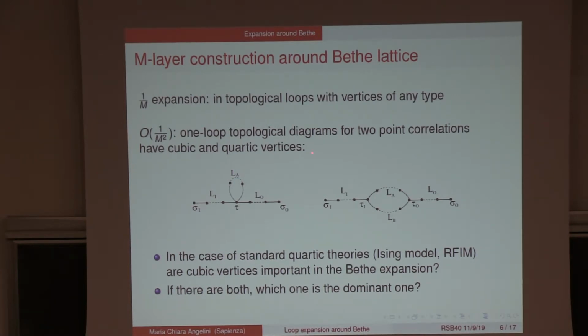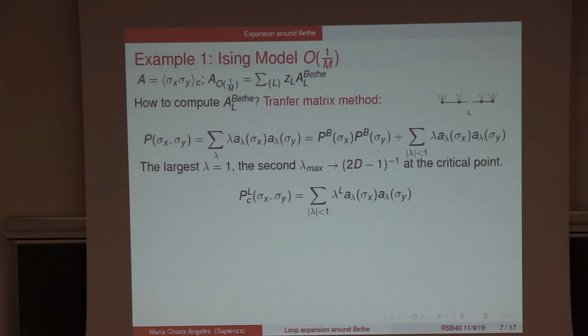And if it is present, we can ask the same question for the random field Ising model, because the random field Ising model is also a quartic theory. So what happens to this term? Is it different from 0, and if it is different from 0, is it larger or not with respect to the usual term in the usual Ginzburg-Landau theory? Okay, so let's see really how to compute these observables in the Ising case.